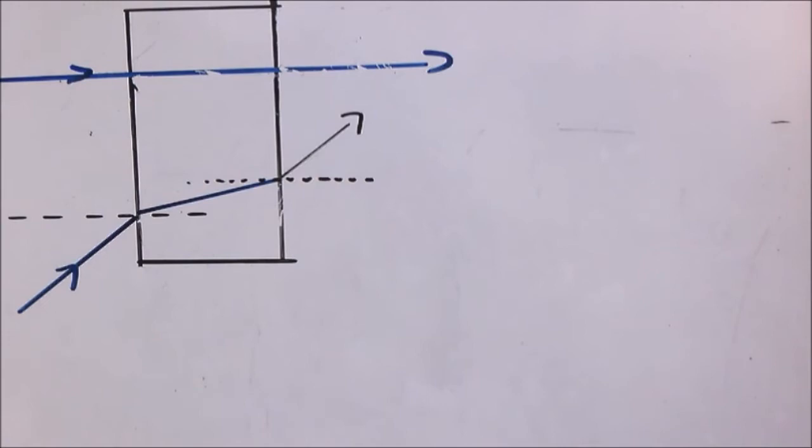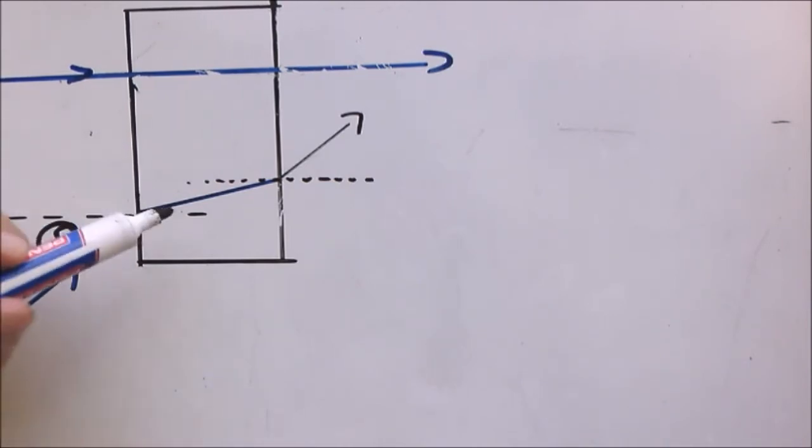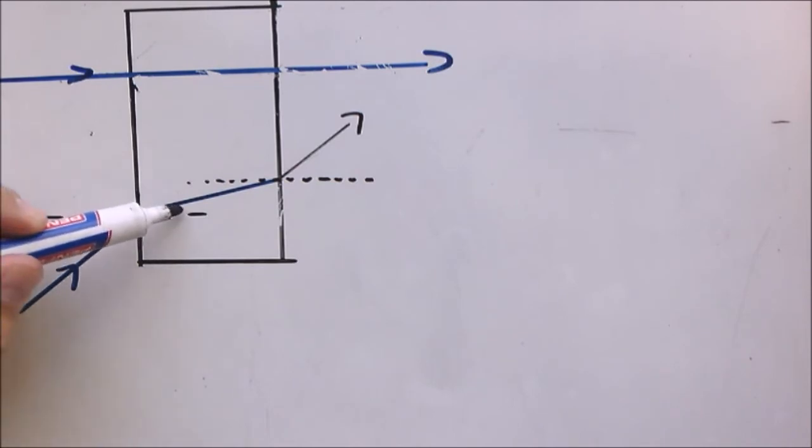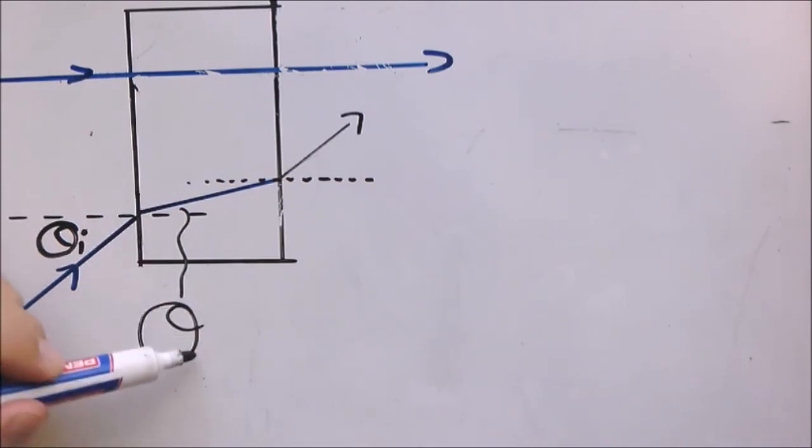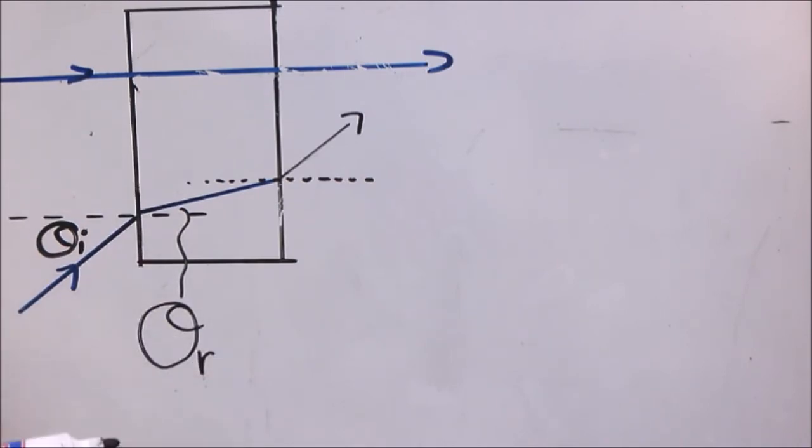So just like with reflection, this is the incident ray for this boundary, and this is the angle of incidence. And for this boundary, this is the refracted ray, and that would be the angle of refraction.